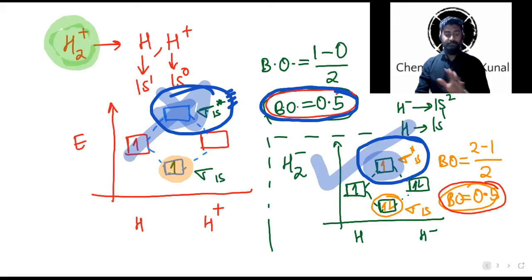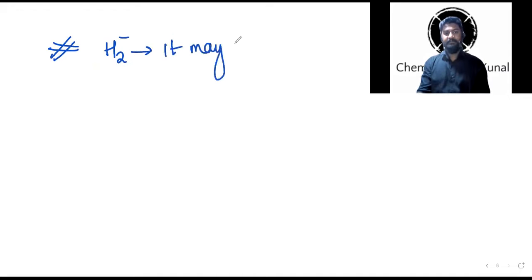Now, what is the shortcut? Do we have to do so many things here? Is there no shortcut? Yes, there is one, but I'm just calling it that informally. See, if something is negatively charged, there is a chance that it may have electrons in ABMO.